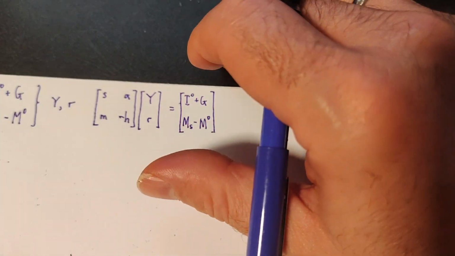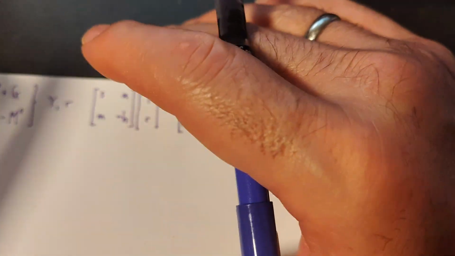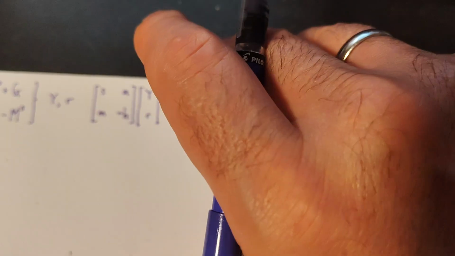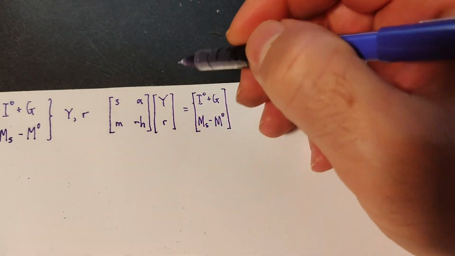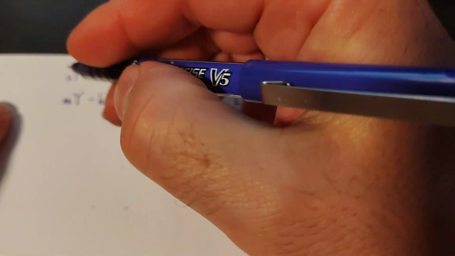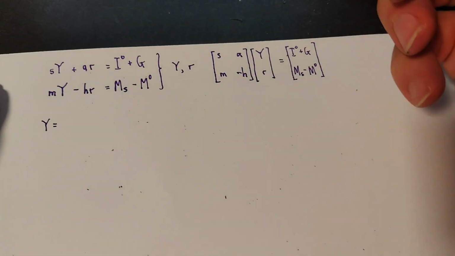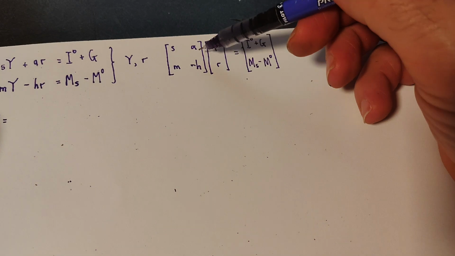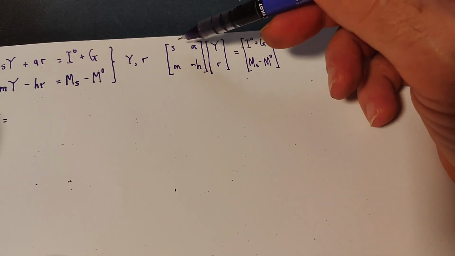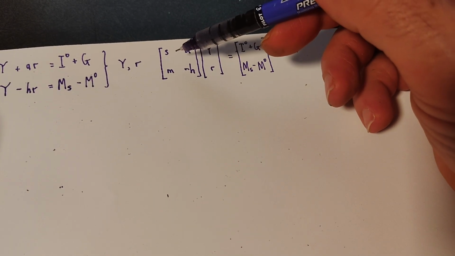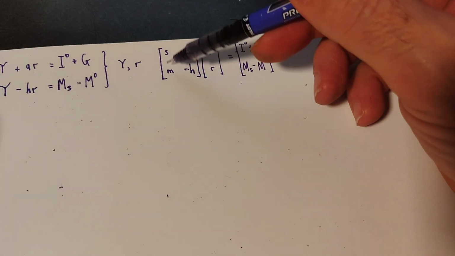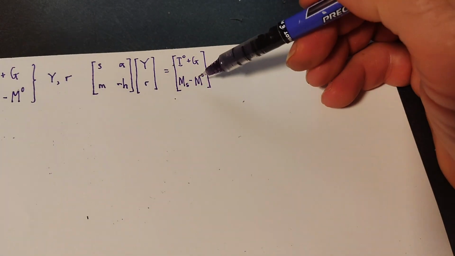Okay, so now let's see if we can use Cramer's rule to solve, let's say, for Y. So if we're going to solve for Y, Y is going to be equal to the determinant of this matrix here, but with the first column replaced by B. So it's going to look like this.